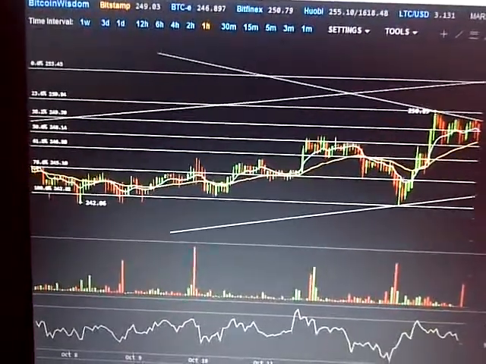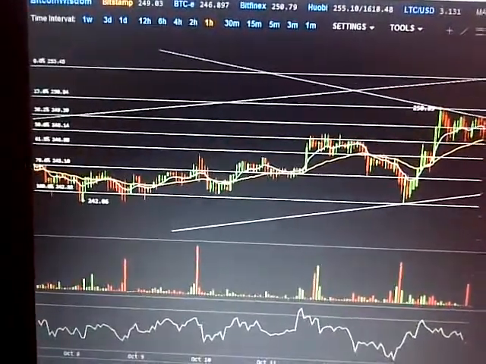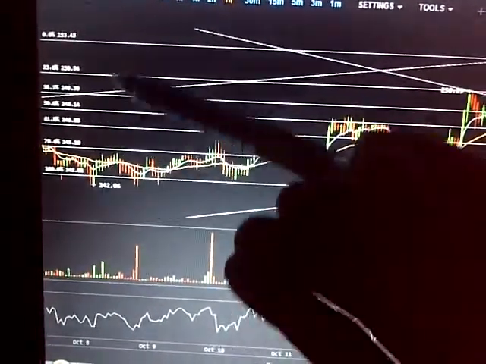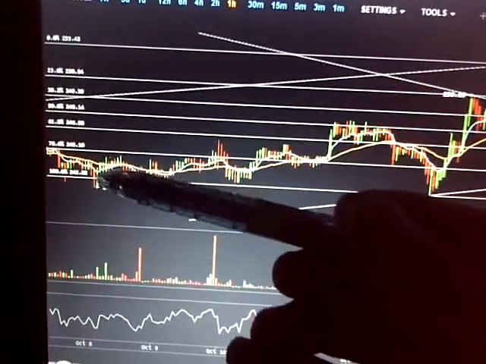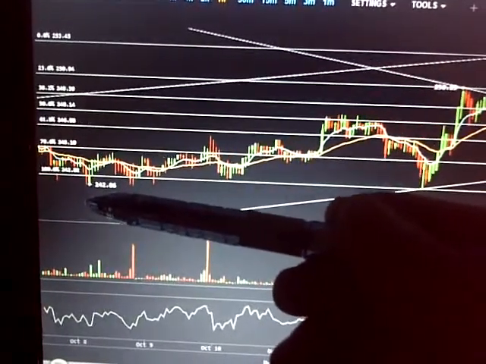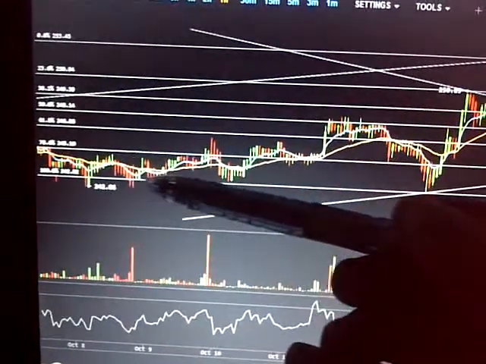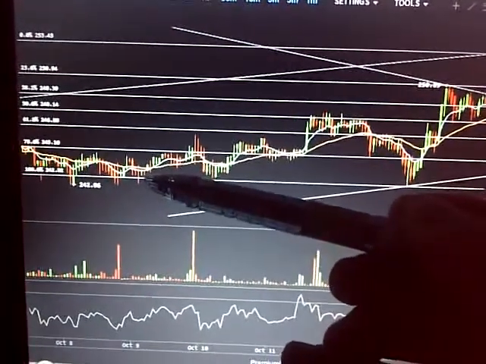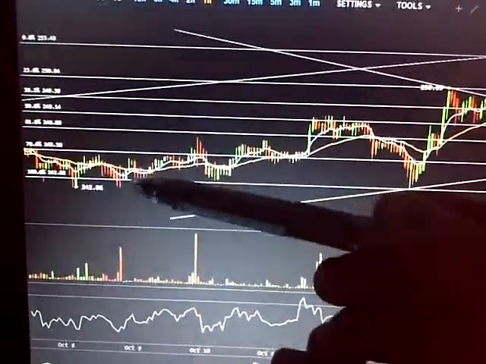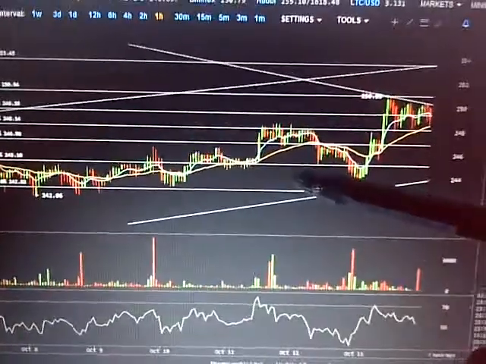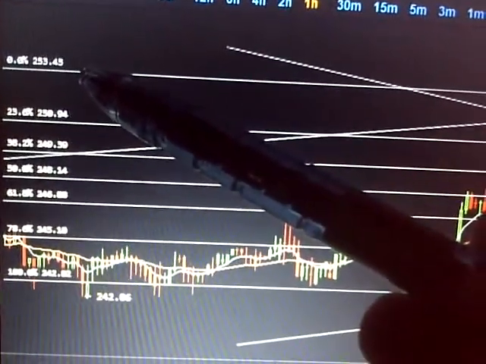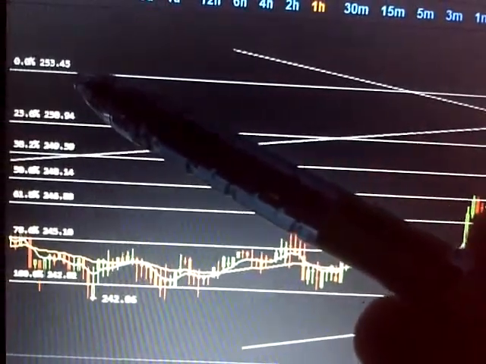I mean, let's say you started back here and you drew out your lines where it matched, this is the bottom part. You would absolutely, every time it touched this bottom, be in a limit order. And if you just watched it play out, you would know that the top price would be up to here, which is actually at 253.45.